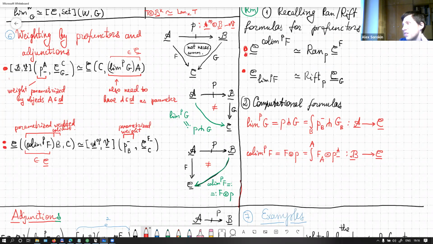Before, also in the last lecture, I used the following notation: the co-representable profunctor right divided by P will be isomorphic to the colimit of F tensor P. The second formula for weighted limit tells us the same: the right Kan lifting of a representable functor is again representable, and the representing object is a limit.